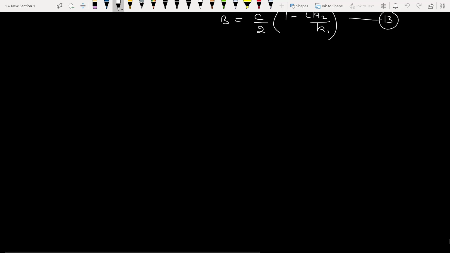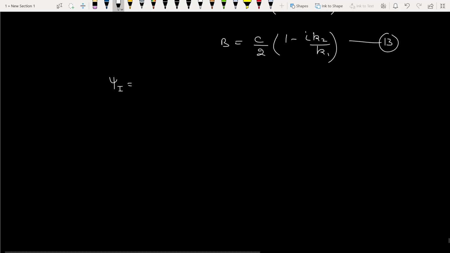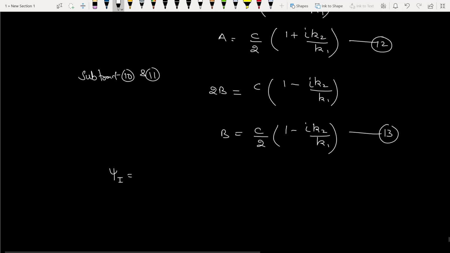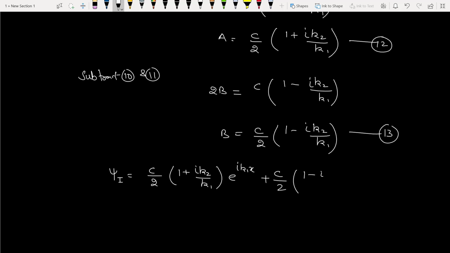So we can rewrite the equations in terms of constants. Psi 1 as, here we use the value of capital A, c by 2, 1 plus iota k2 upon k1 e raised to power iota k1x plus b, 1 minus iota k2 upon k1 e raised to power minus iota k1x.